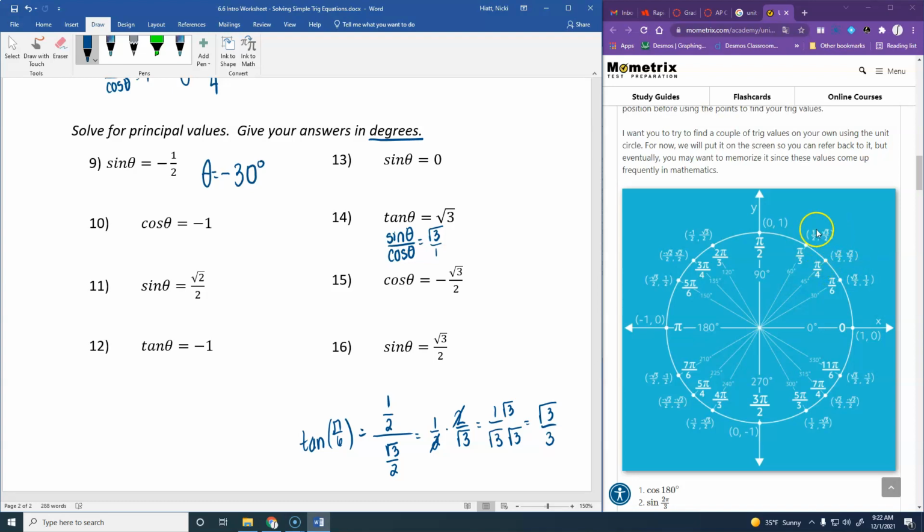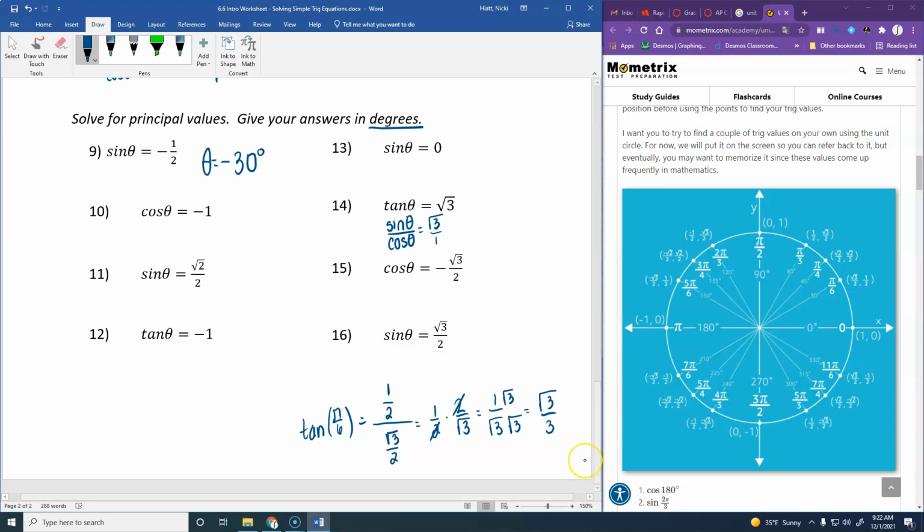But let's hope that pi over 3 is going to be our answer, because we're running out of terms that have square root of 3's in them. So if I test that, tangent of pi over 3 is going to equal sine over cosine, so it would be square root of 3 over 2 divided by 1/2. Dividing fractions is easy as pie.